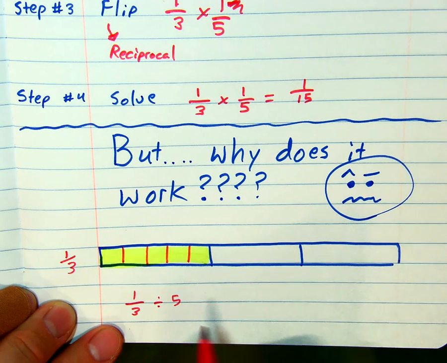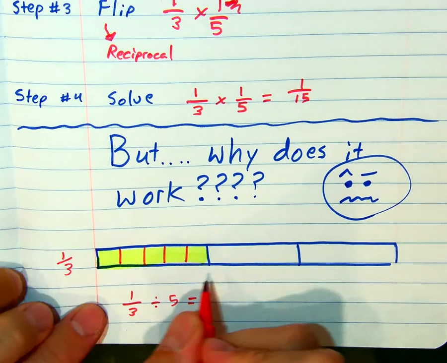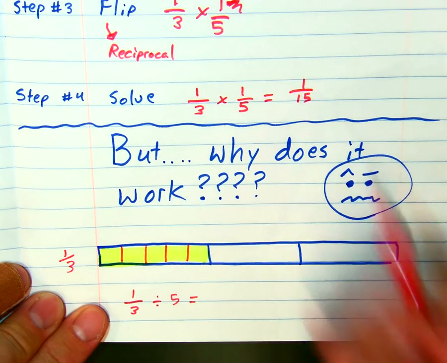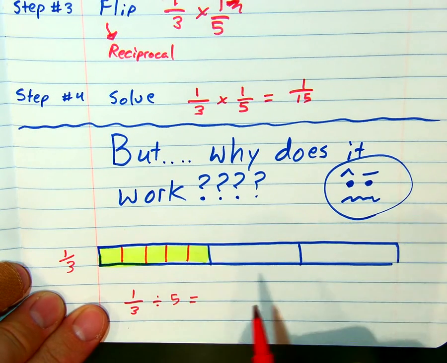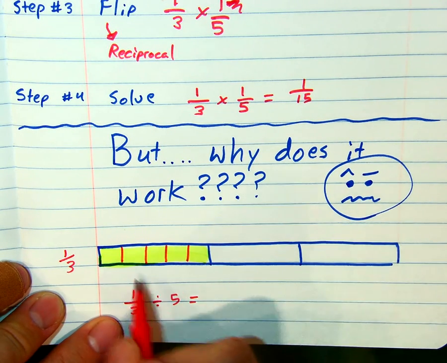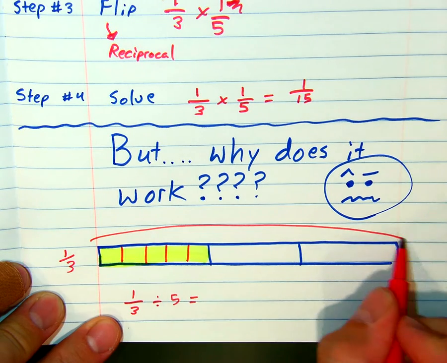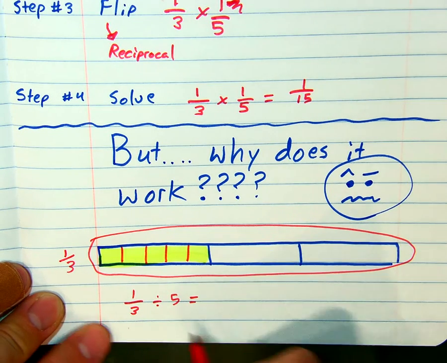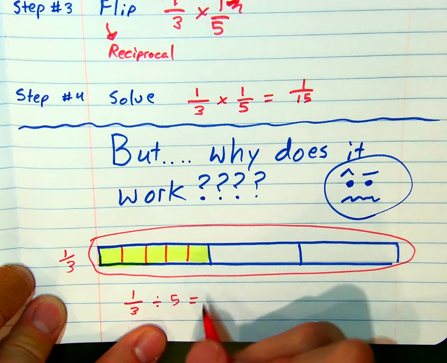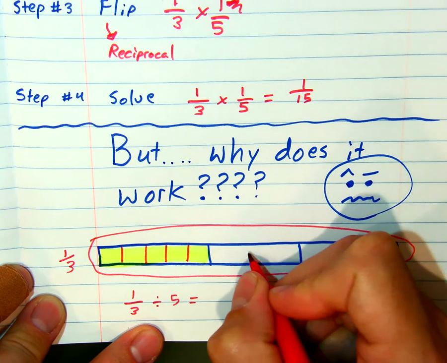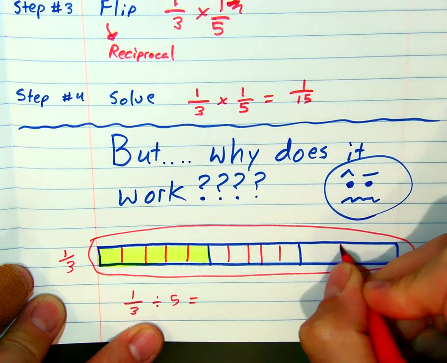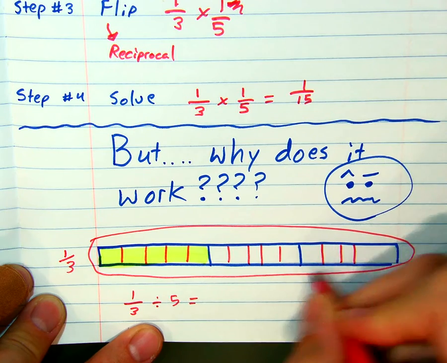Our answer isn't just about this one piece. Our answer needs to say, and we came up with 1/15. So our answer has to be, how much is the answer compared to the whole thing, not just our 1/3. So when we divide by 5, we're multiplying by 1/5. So we actually go through to all the pieces and split them into 5. 1, 2, 3, 4, 5.